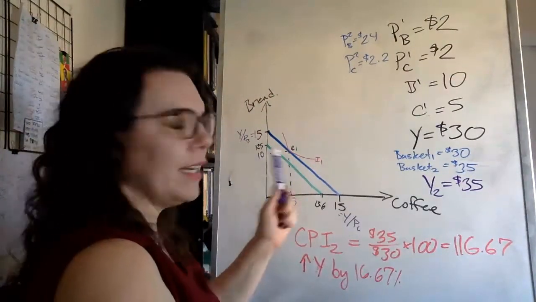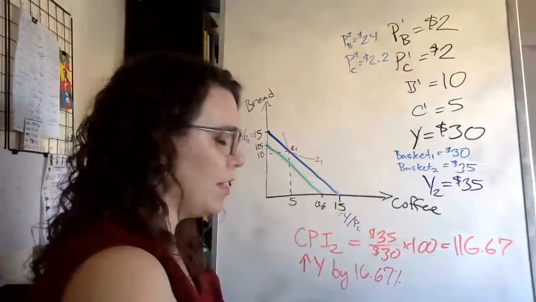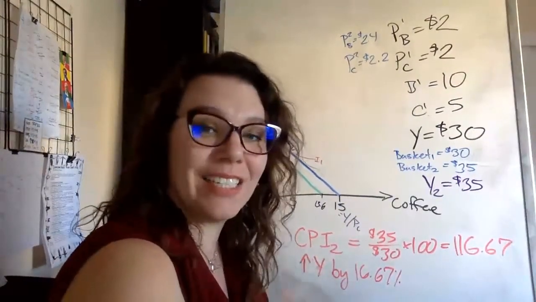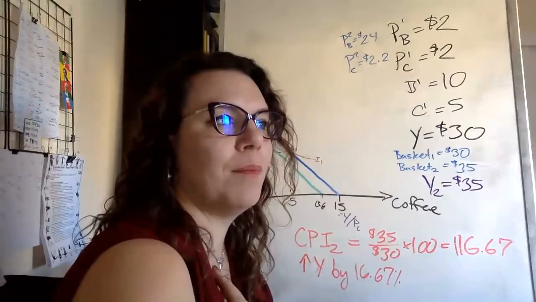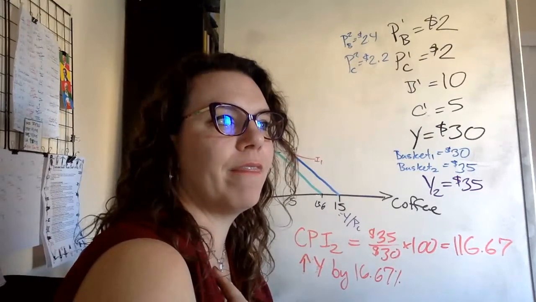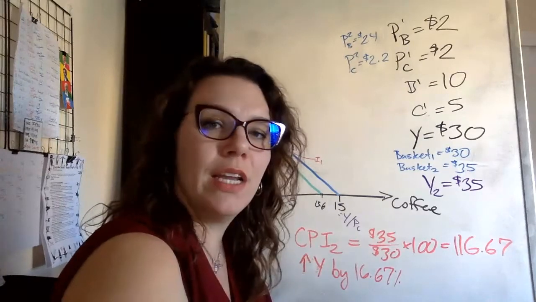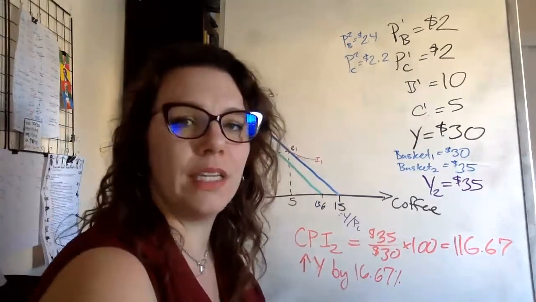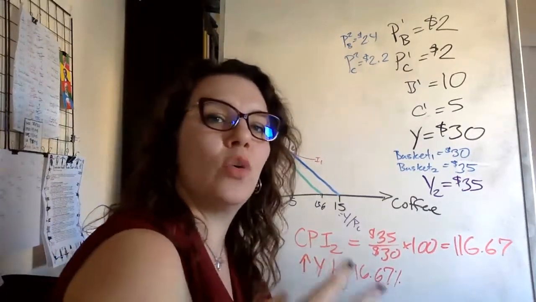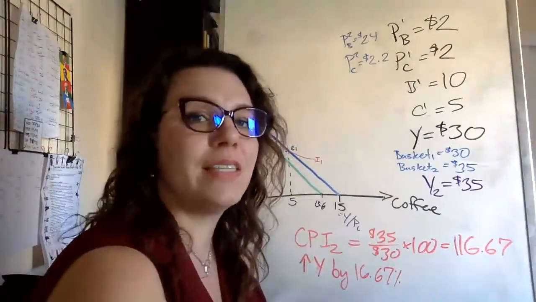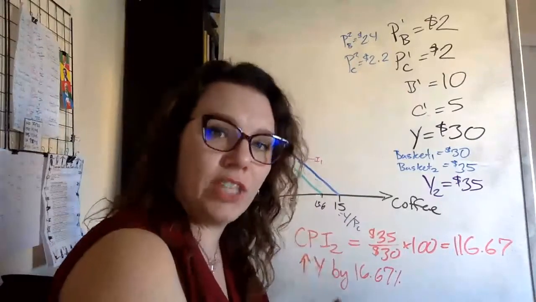That doesn't mean we go out to that same initial level, because remember, what we expect is this cost of living adjustment is going to tend to overcompensate consumers because they're going to tend to adjust their consumption based on the relative changes in prices.